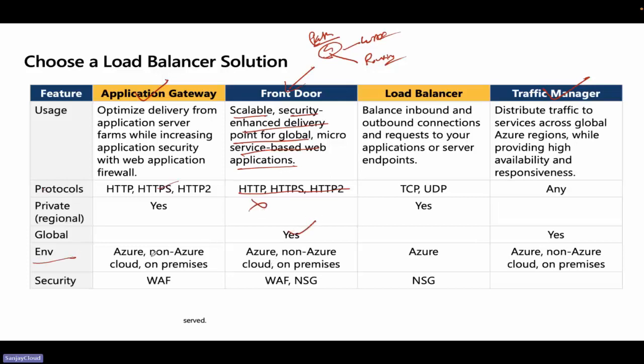Environment: compared to Application Gateway, it supports the same environments, Azure, non-Azure cloud applications, or on-premises virtual machines. Security: we can use WAF as well as network security groups, web application firewall and network security groups, as well as you will get routing features similar to Traffic Manager, and you would be able to route your traffic to multiple regional endpoints where you can use Application Gateway or Load Balancer, depending on you.